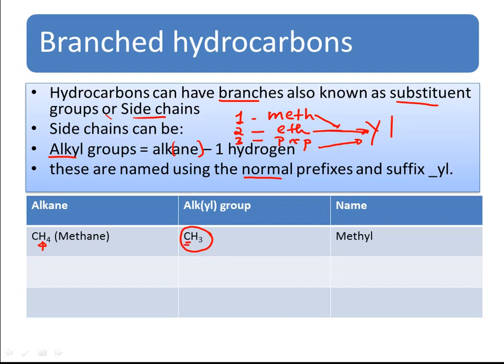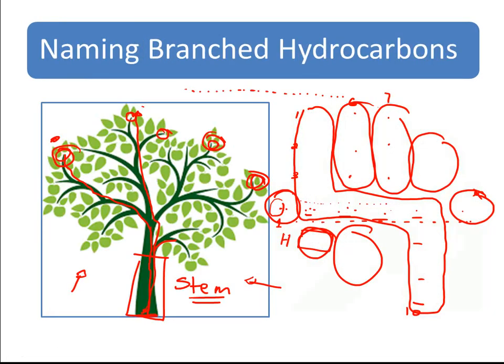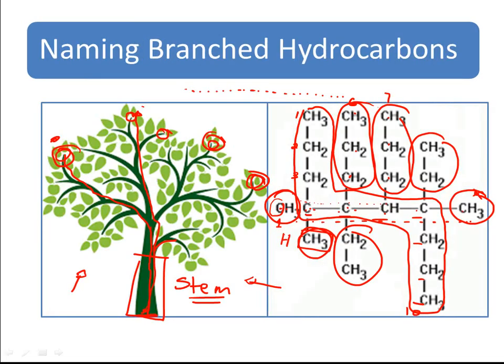Because it has 1 carbon, the prefix becomes meth and the suffix becomes YL. So we call this one a methyl group. To get back to where we were, you can see that on this one here, if we consider this to be our longest chain, the one we identified earlier, CH3 and CH3 and CH3 are side chains, and we name these as methyls, right? So we've got 1, 2, 3 methyl groups.